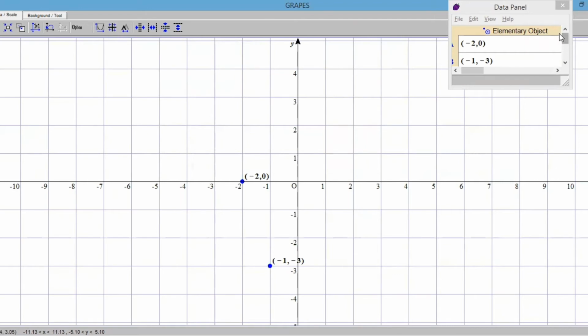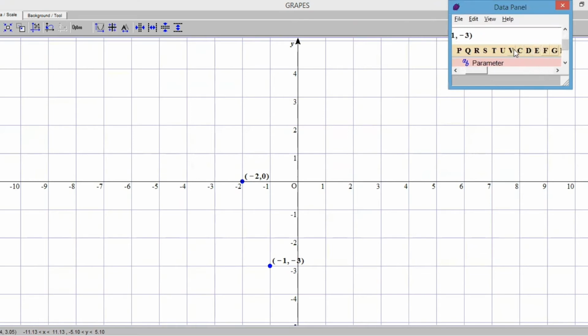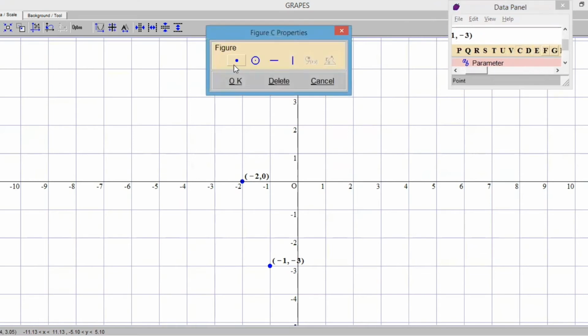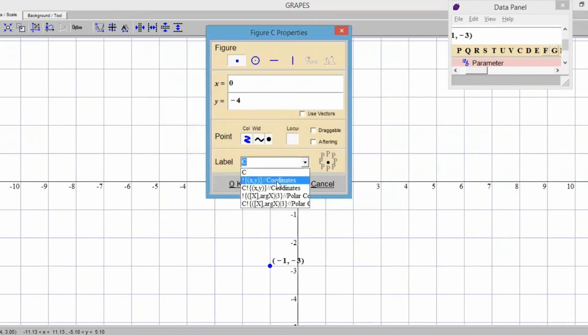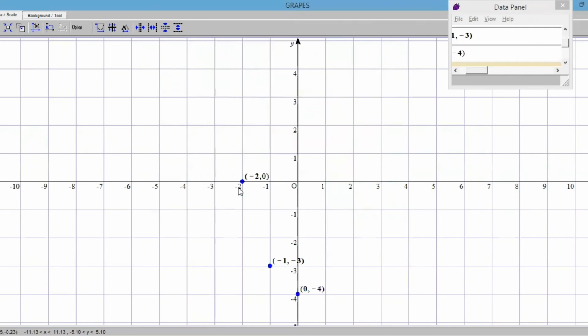Okay, another point is the point C, or what we call the vertex. If x is 0, y is negative 4. Okay, so that is our vertex. So it is on the y-axis.